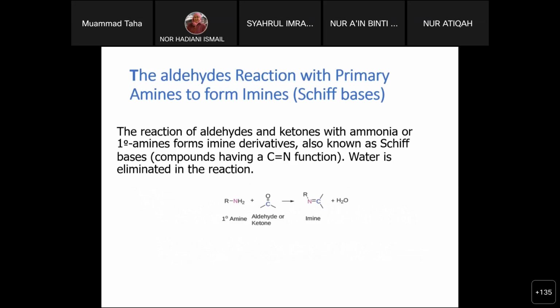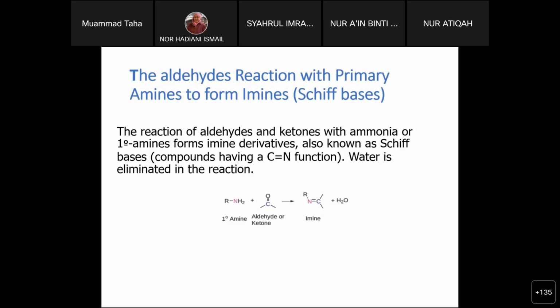Aldehydes react with primary amines to form imines, or Schiff bases. The reaction of aldehyde and ketone with primary amines forms an imine derivative, also known as a Schiff base. This reaction was first discovered by Schiff, so it is named after him. Always remember that whenever we talk about imines, the first thing in our mind is the carbon-nitrogen double bond.